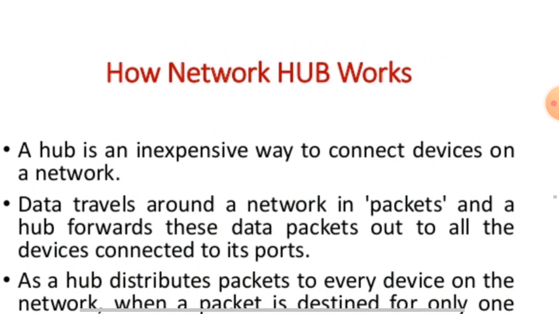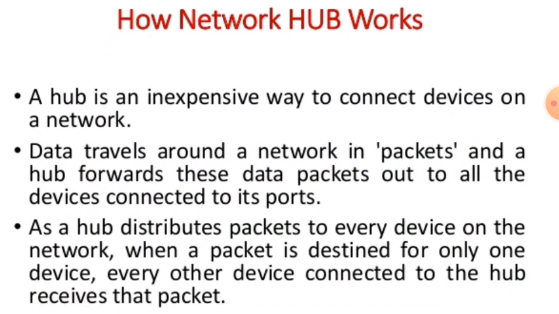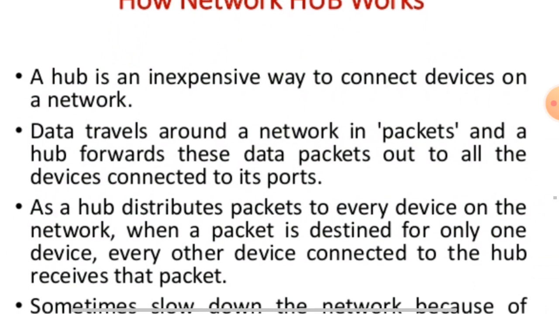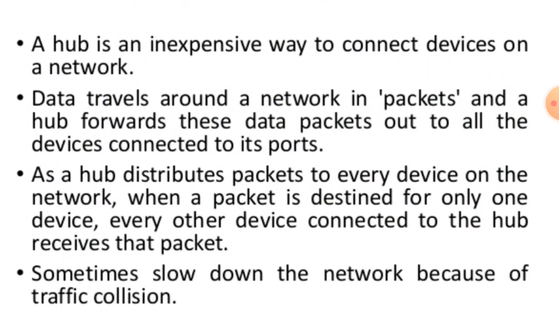How a network hub works: a hub is an inexpensive way to connect devices on a network. Data travels around a network in packets and a hub forwards these data packets out to all the devices connected to its ports.